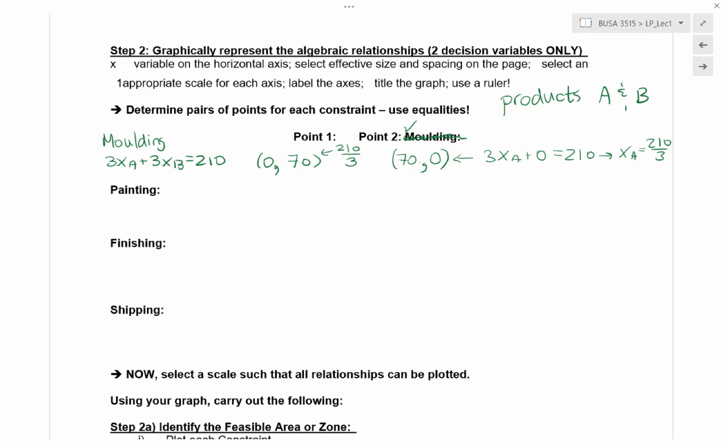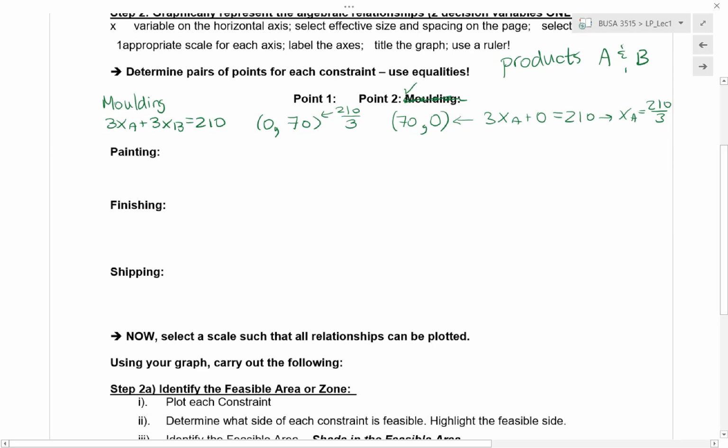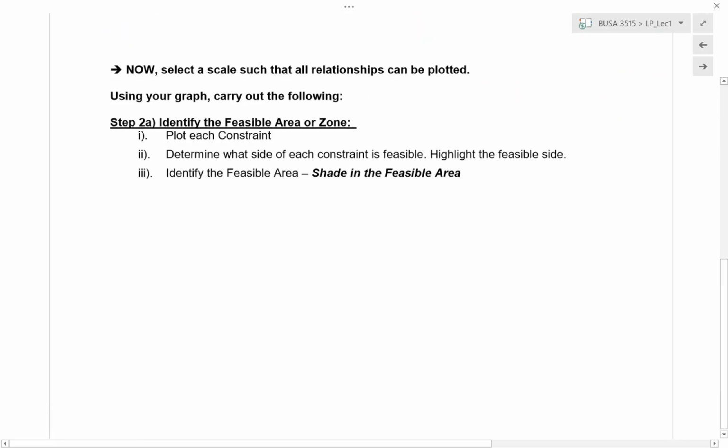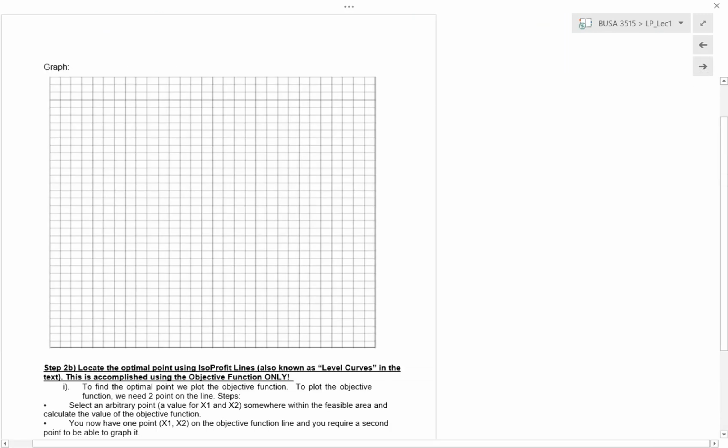Okay, let's go put that molding line on our graph here. I'm going to scroll over to a graph and mark that straight line on my graph. You need to pick a scale also. I'm going to choose to go up by 5. So 5, 10, 15, 20, 25, 30, 35, 40, 45, 50.